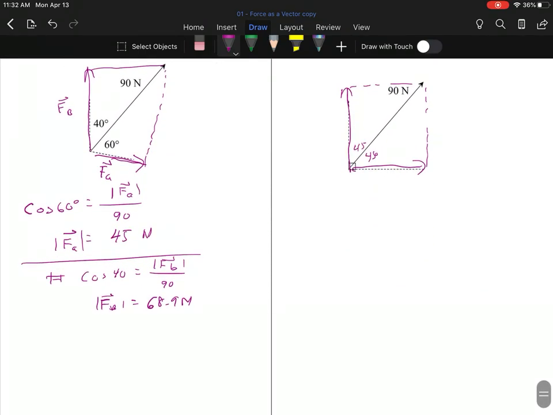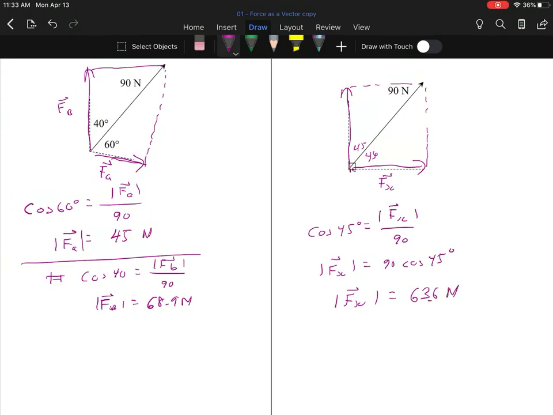And then in this question here, both forces happen to be the same because it's a 45-degree angle, and so I'm going to call this force in the x direction, just as a throw to you physics people. We're trying to find out how much of this 90 Newton force acts along this line, and so cos of 45 equals adjacent over hypotenuse, and so force in the x direction equals 90 cos 45, and when I type that in, I get force in the x direction equals about 63.6 newtons.